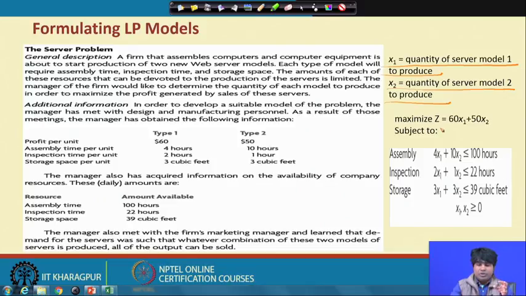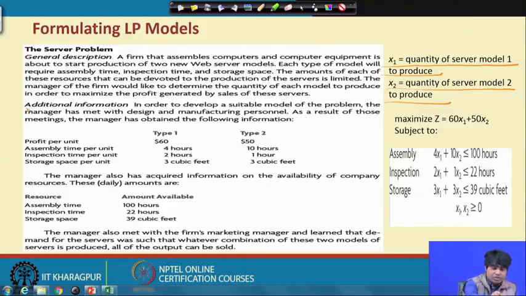Then we need the LP formulation, and this is how the beginning is, where x1 is defined and x2 is defined, and this is a production structure, and that too with respect to 2 variables. Obviously, in the LP structure, what should be the objective function, and what are the constraints through which you can address the typical problem. So, now for that, we need additional information.